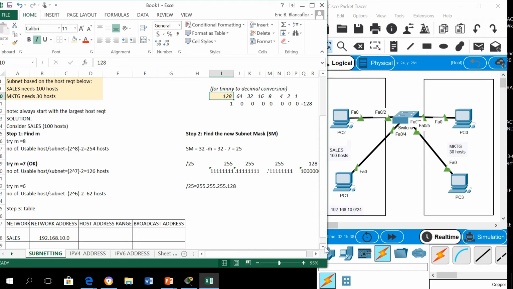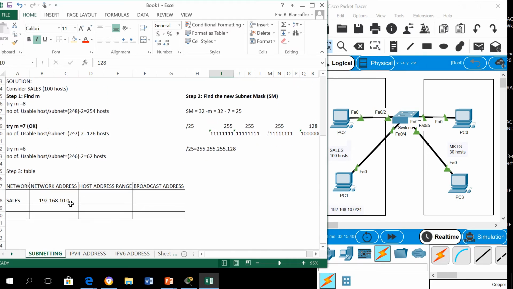So what you do with the 128 is you add it to the 0, plus 128, for you to get the next network.